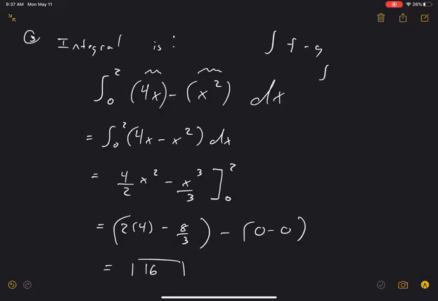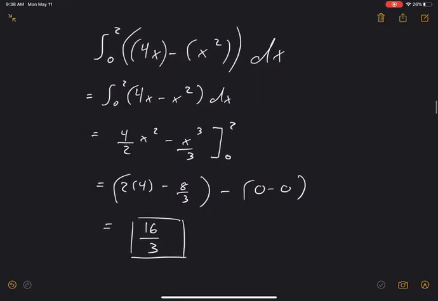So for example, if I had the integral x squared minus x minus 2, I need to remember to distribute this negative here. So when I distribute that negative, comes this, all right? So I put everything in parentheses just to keep everything straight. And then this last set of parentheses is just a style thing.